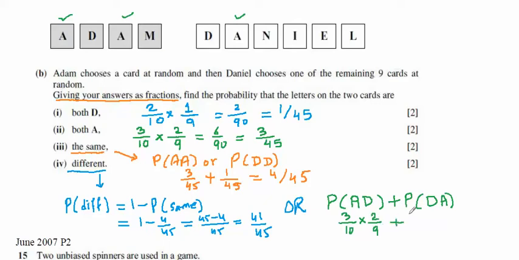And plus, out of 10 the probability of D is 2 over 10, and A, there are 3 A's and the total left over is 9. Then we will simplify these. You will see that we will also get the same answer. So 6 over 90 plus 6 over 90. So it is 12 over 90.